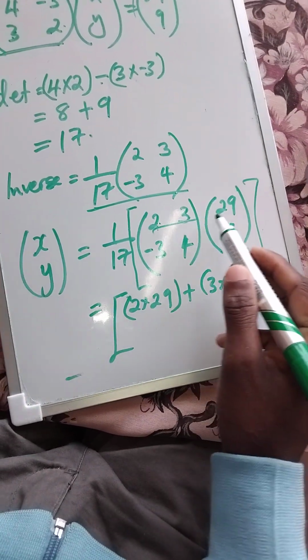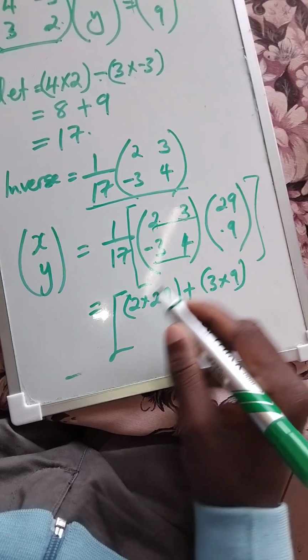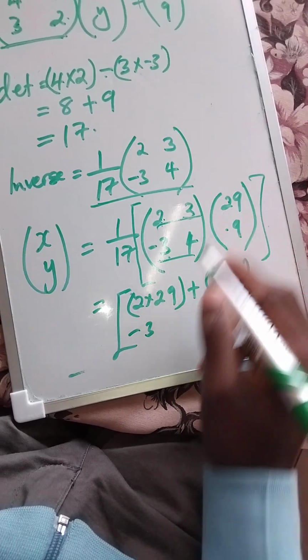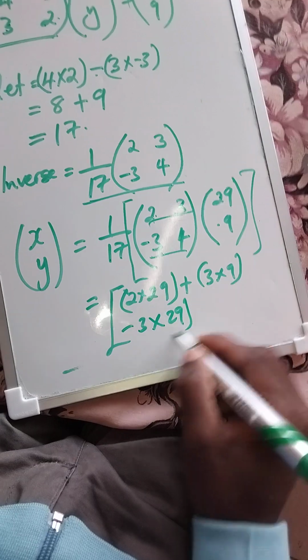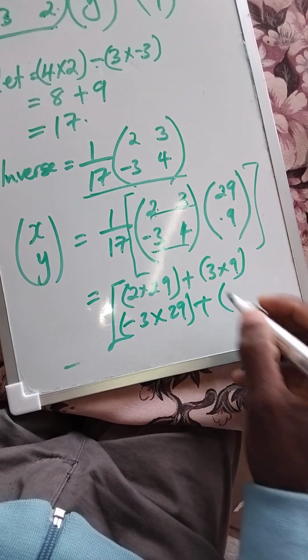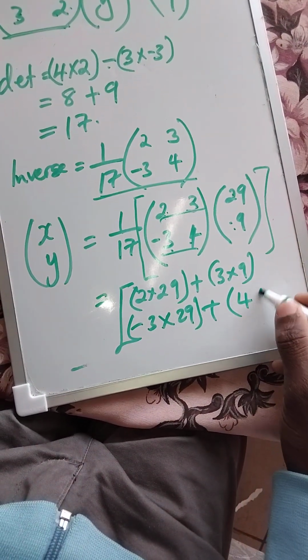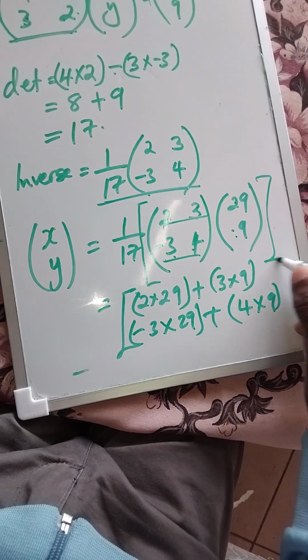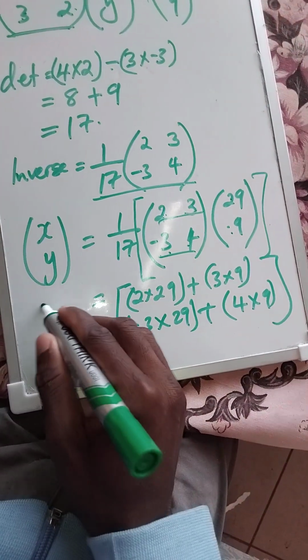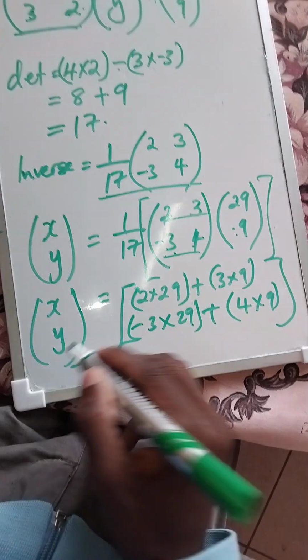Then we go to the next row by column: negative 3 times 29 plus 4 times 9. So here we have x, y.